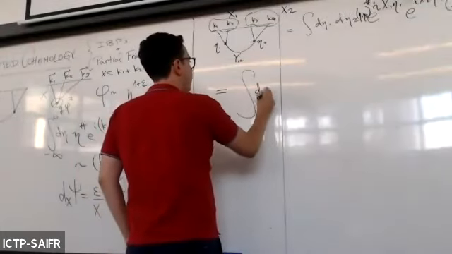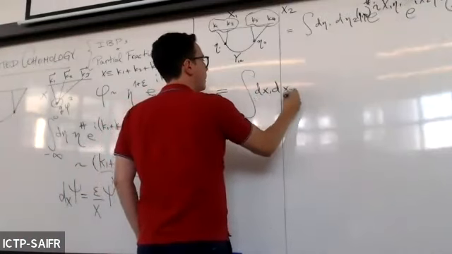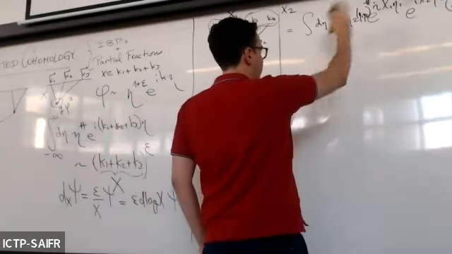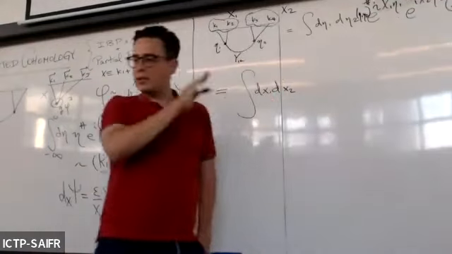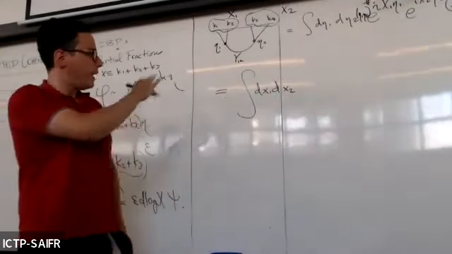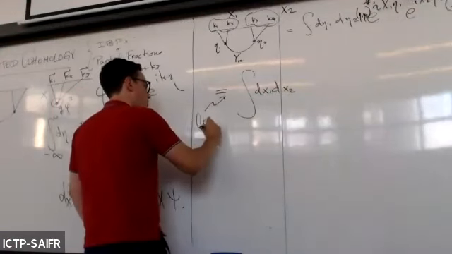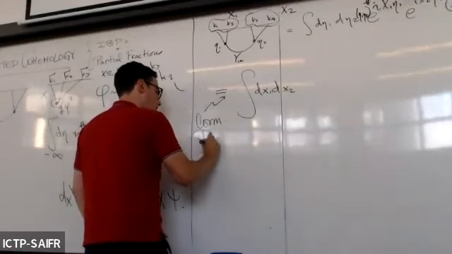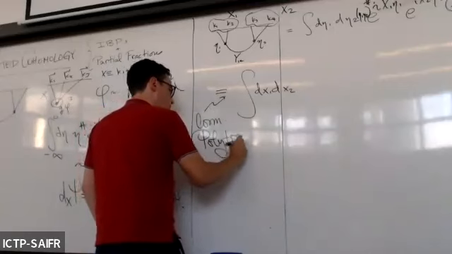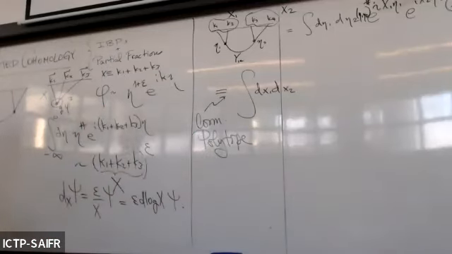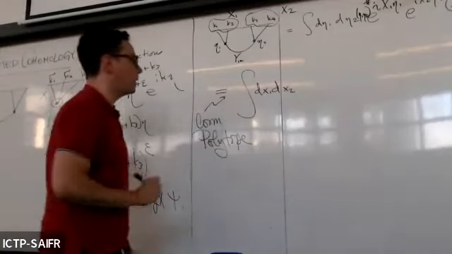Long story short, there's a nice, beautiful geometric way of understanding all of this that goes by the name cosmological polytope, by Arkani-Hamed, Benincasa, and Postnikov. You can look at it if you're interested.